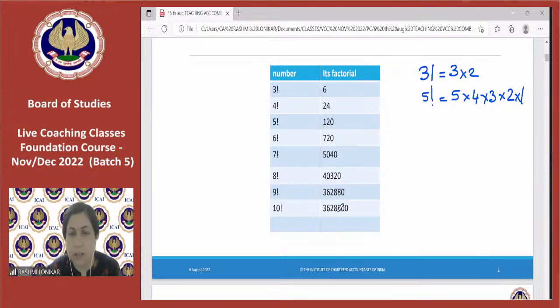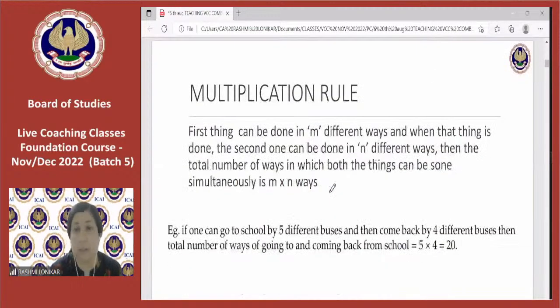Then we talked about the multiplication rule and the addition rule. What does the multiplication rule say? When you have a first thing and you can do it in m ways, and when that is done, the second one is done in n ways, then the total number of ways in which both of these things can be done is m into n ways.